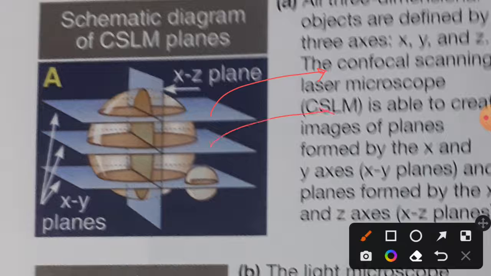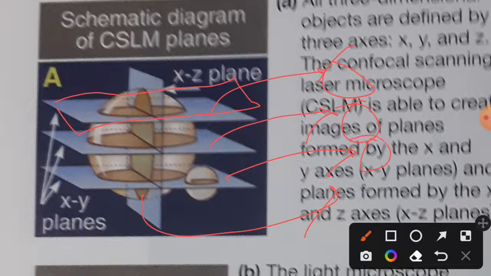That means there will be only one light for each and every plane, which is allowed by the confocal scanning laser microscope, the full form of CSLM. That is, confocal scanning laser microscopy.